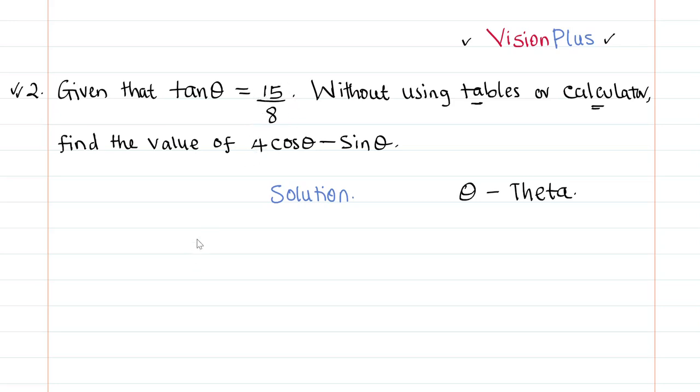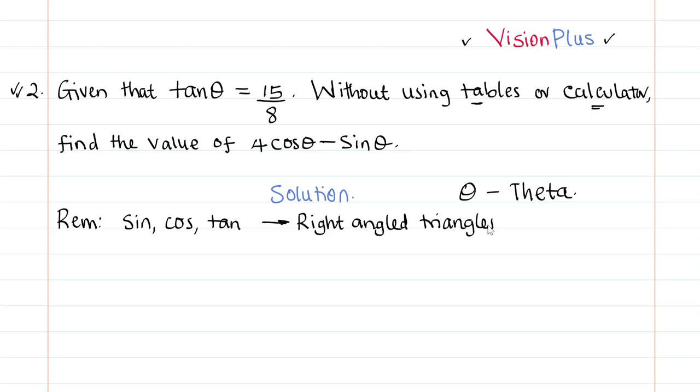So remember, sine, cosine and tan are strictly for right angle triangles. They apply strictly to right angled triangles. There are other rules, like the sine rule and the cosine rule, but basically these 3 ratios apply to a right angle triangle.